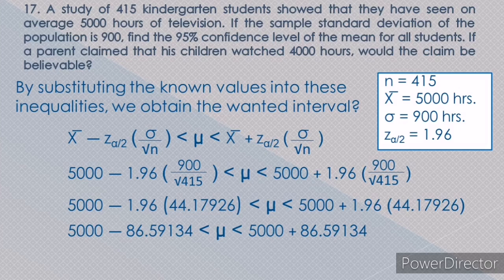So we have the mean is in between 5,000 minus 86.59134 and 5,000 plus 86.59134. So we have the mean is in between 4,913.409 and 5,086.591 hours.